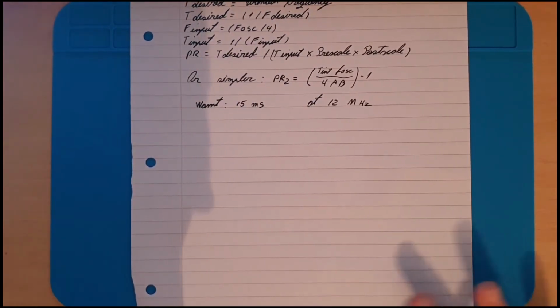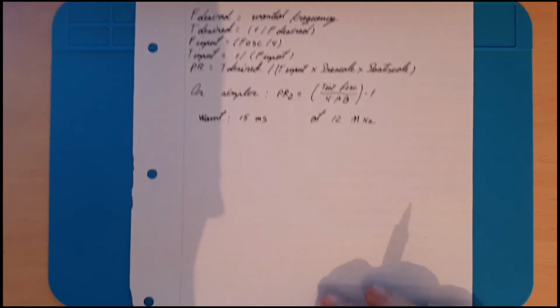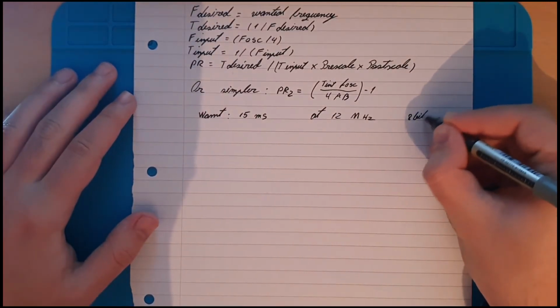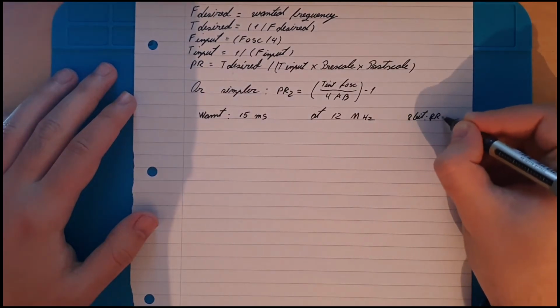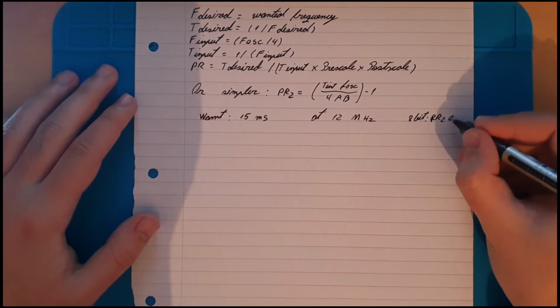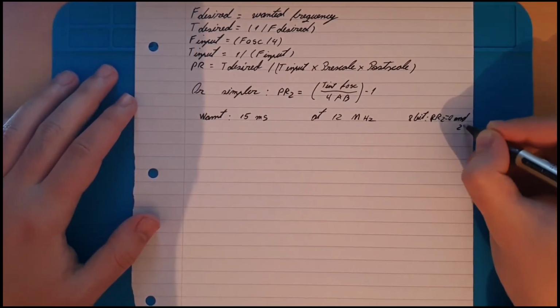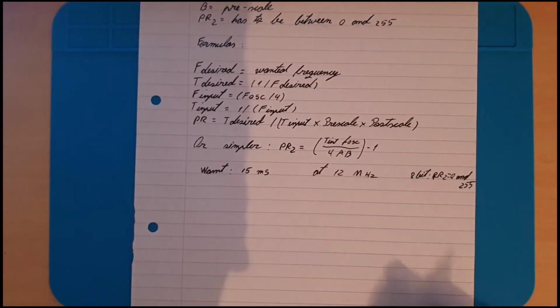And we are going to use the PR2, basically the second timer, and we know that the second timer is an 8-bit timer, which means that PR2 should be between 0 and 255. Sorry about that, this is not really that important for now.